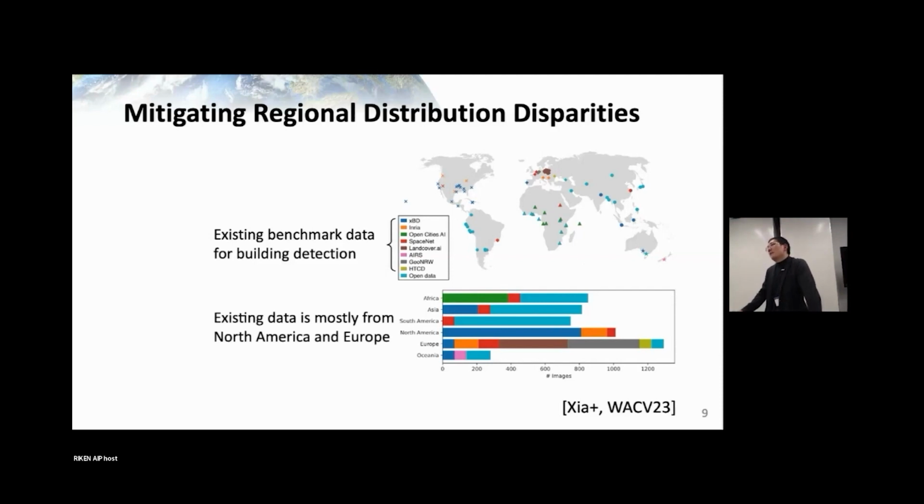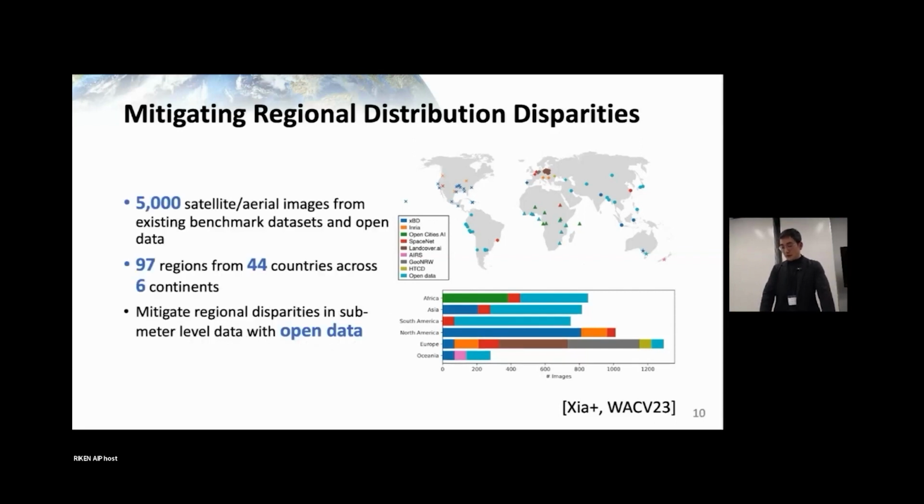So whatever we annotate in these images, the trained model works really well in the US and Europe, but it doesn't work in Asia and Africa and also South America, which is not acceptable for us. Our colleagues are also from Africa and South America, so we additionally collected publicly available data to make the number of images balanced among different continents.